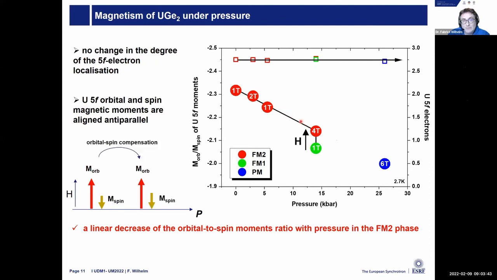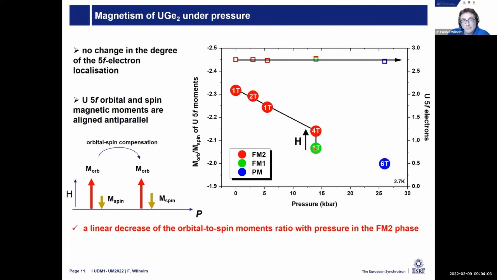Indeed, what is happening is that there is an orbital-spin compensation. The spin moment becomes larger, meaning that the difference between the orbital and spin moment becomes closer to a ratio of -1.